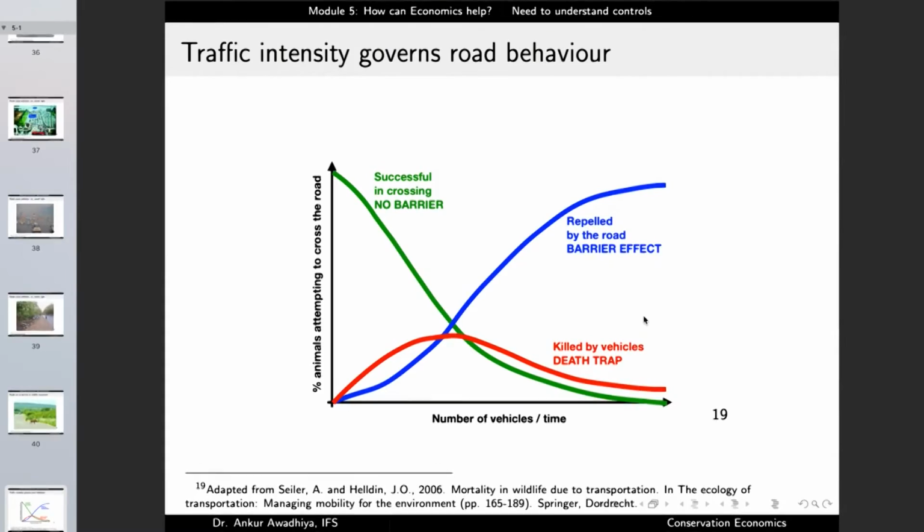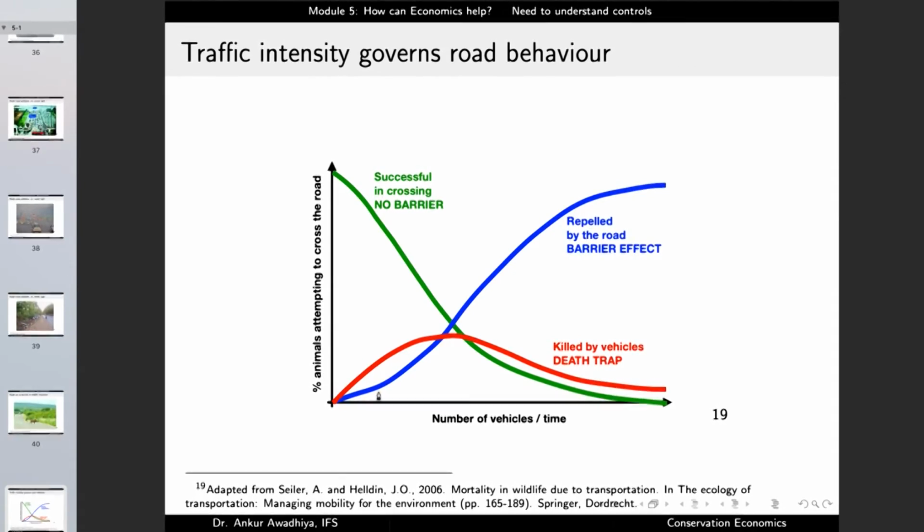And a lot of this has also got to do with the number of vehicles that are flying per unit time. If you have a very small number of vehicles, then probably the animals are able to cross the road. If you have a very large number of vehicles, then probably the animals see a wall of vehicles flying through these roads and they just do not cross.